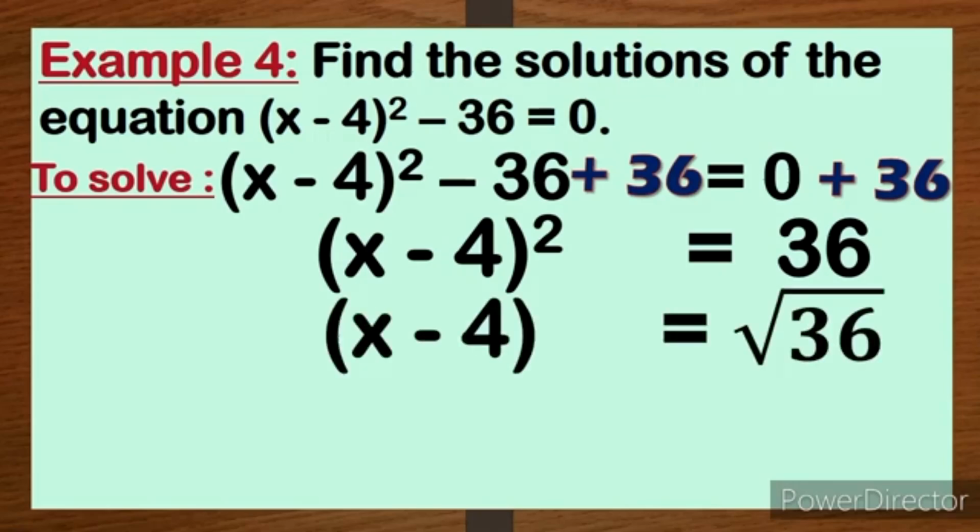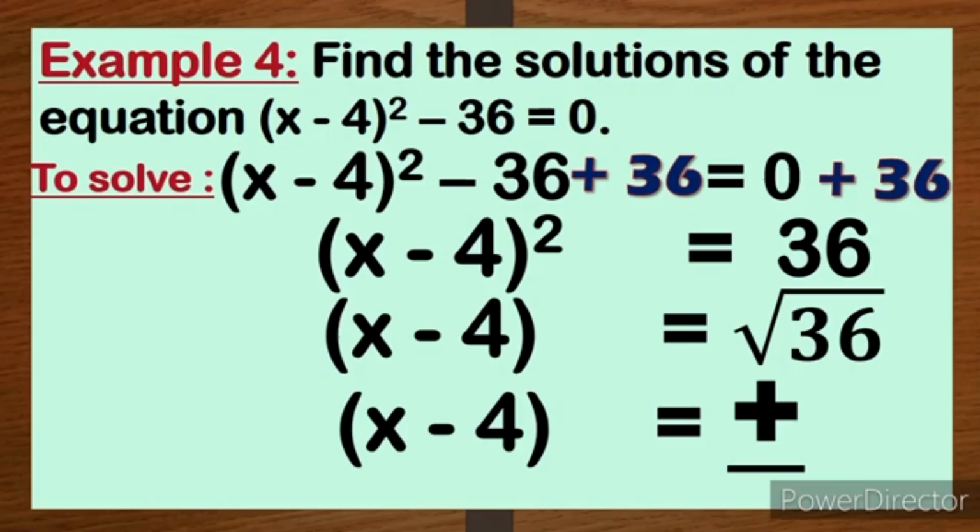The next step is to take the square root of both sides of the equation. The square root of the square of x minus 4, the square cancels. So we have x minus 4 equals plus or minus the square root of 36, which is 6.